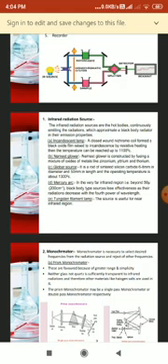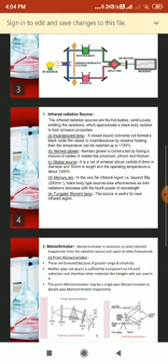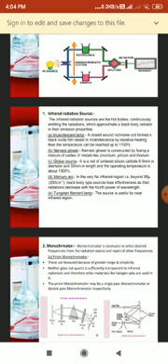Now we have seen the second infrared radiation source, the Nernst glower. In IR spectroscopy, the Nernst glower is the most commonly used source of radiation. It is constructed by fusing a mixture of oxides of metals like zirconium, yttrium and thorium.